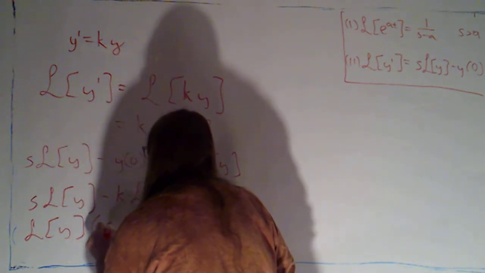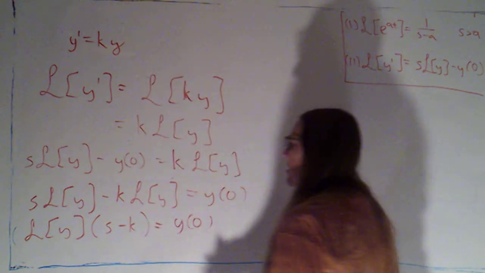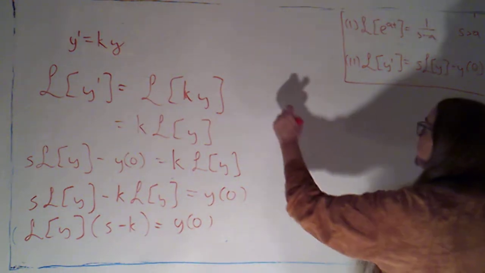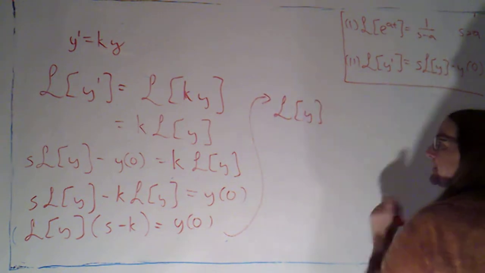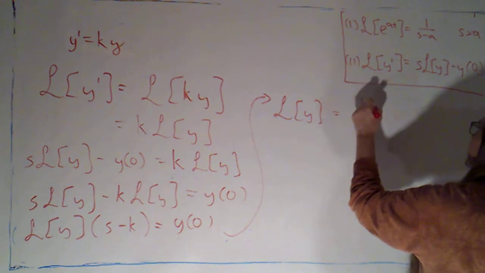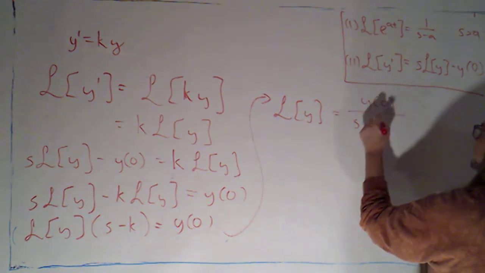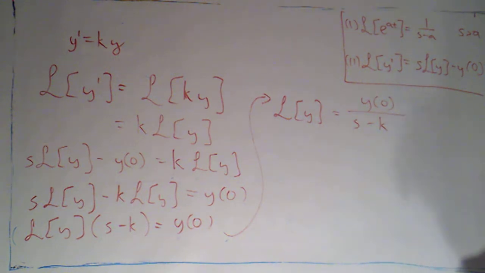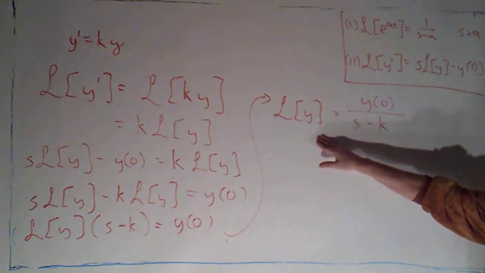It's being multiplied by s minus k, and that's equal to y of 0. So, solving for the Laplace transform of y, I'm going to get y of 0 over s minus k. Excellent. So, now I've solved for this.